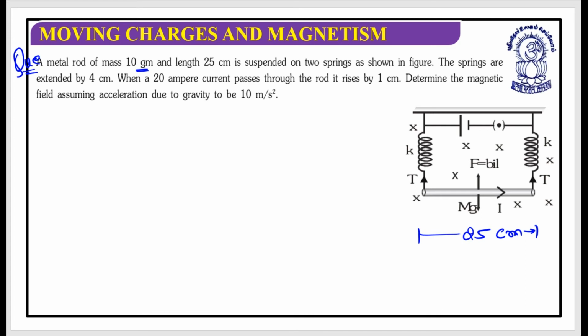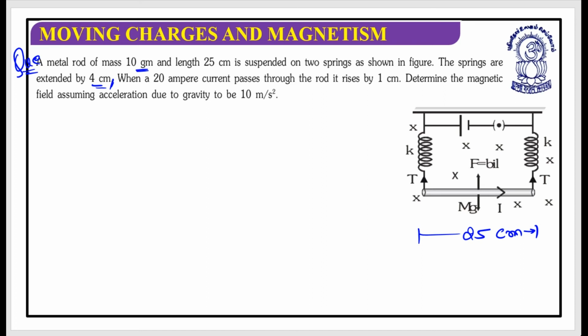The springs are extended by 4 centimeter when a 20 ampere current passes through the rod, it rises by 1 centimeter. Determine the magnetic field, assuming acceleration due to gravity to be 10 meter per second square.